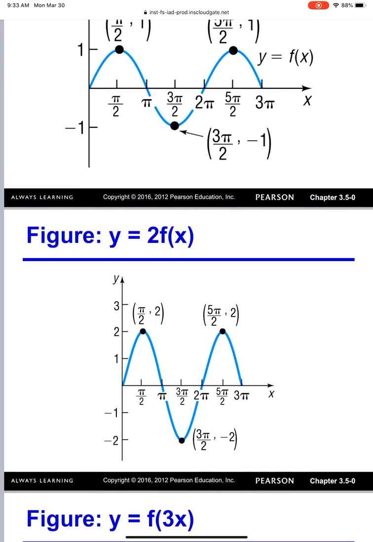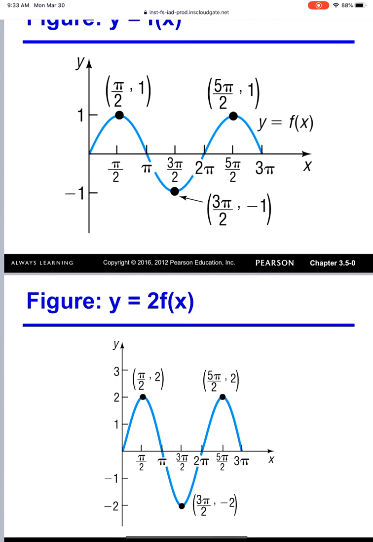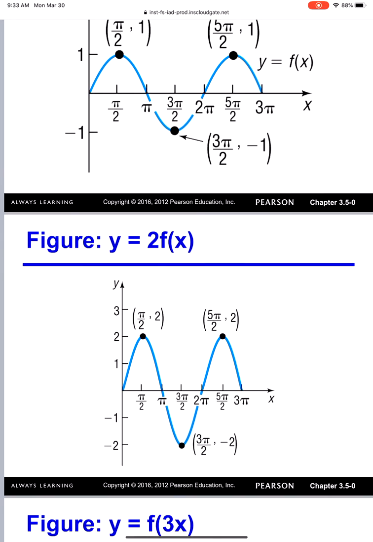So this figure right here shows you that when you take your original graph and you have just a coefficient in front of the entire function, we're dealing with vertical stretch by 2 units. You take your original points, so you're keeping the same x coordinate, and the original y value, like you see, was multiplied by 2. So originally you had point pi over 2 comma 1. Now we end up with a point pi over 2 comma 2. So the graph stretched vertically.